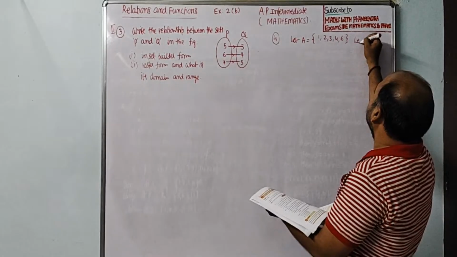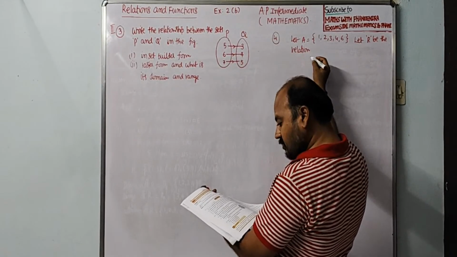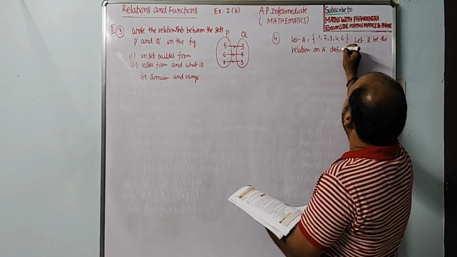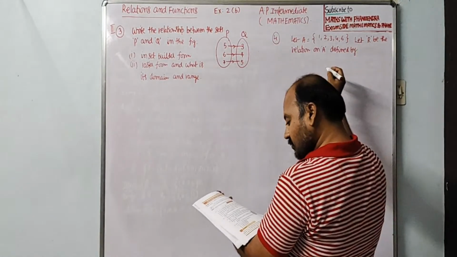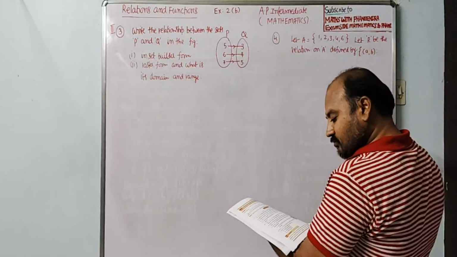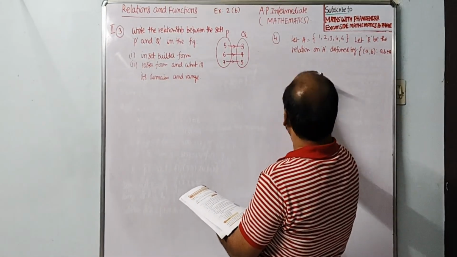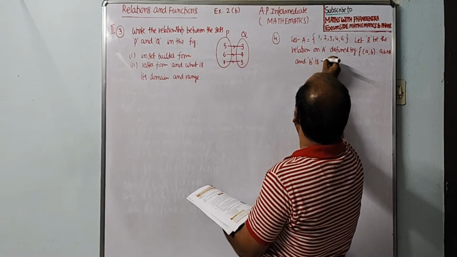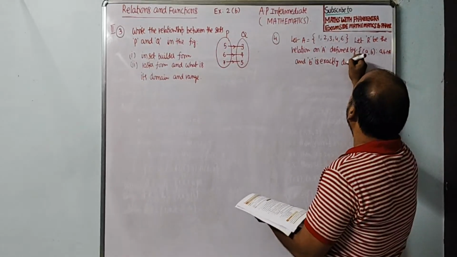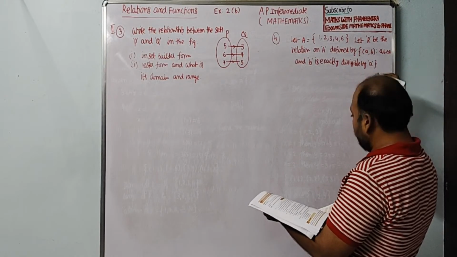Let R be the relation on A defined by {(a, b) such that a, b belongs to A and b is exactly divisible by a}.